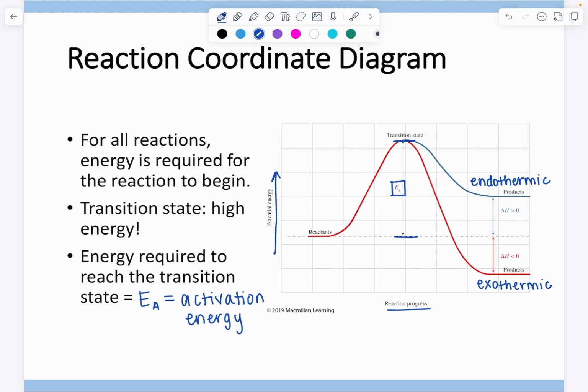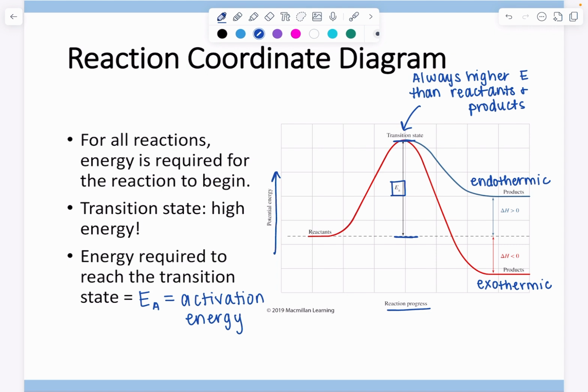And then another note is that the transition state here is always higher energy than reactants and products. It doesn't matter if you have an endothermic or exothermic reaction, the transition state is a high energy state. It's always higher energy than reactants and products, and so the activation energy is the energy required to get there.